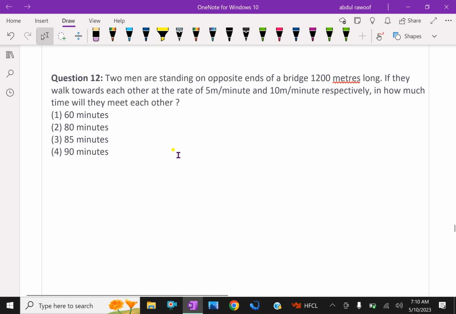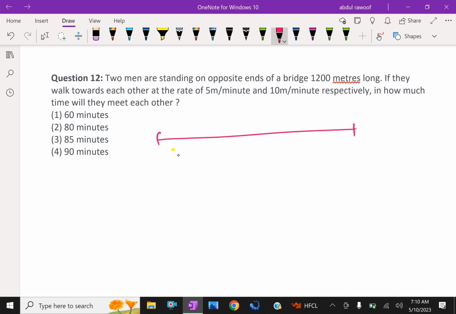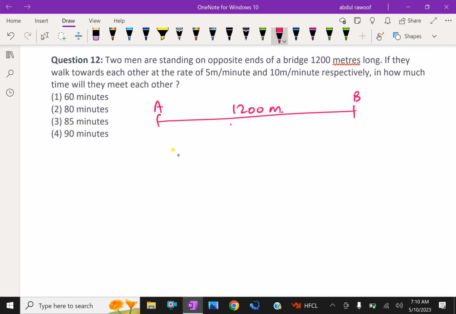Here D equals 1,200 meters, point A, point B. At X distance from point A they meet. This is 1,200 minus X distance from B.